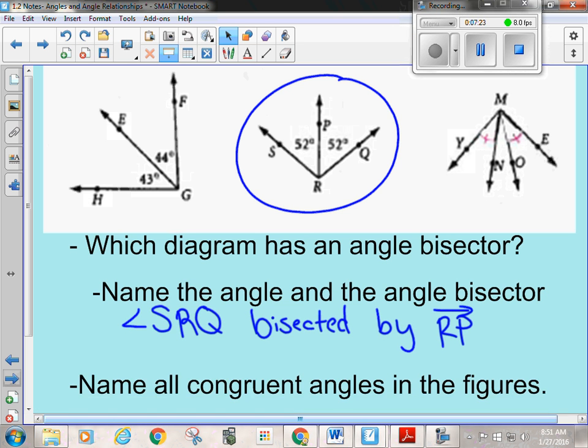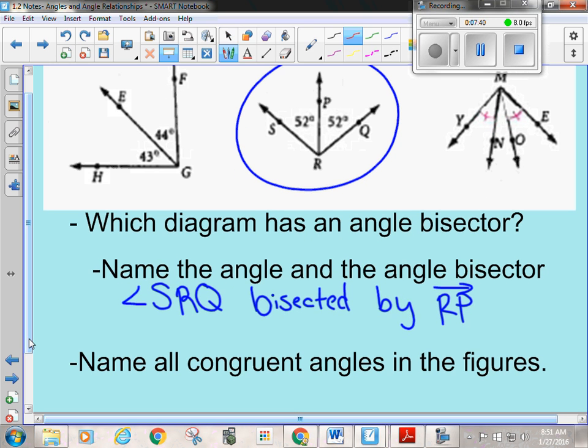All right, I also want to look at these three diagrams here and name all congruent angles in the figures. So looking at our first diagram, neither of those angles are the same measure, so we have no congruent angles there. In my second diagram, we have the angle bisector, so we have angle SRP is congruent to angle PRQ.